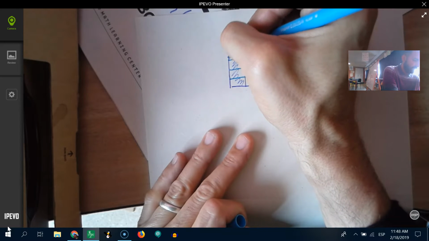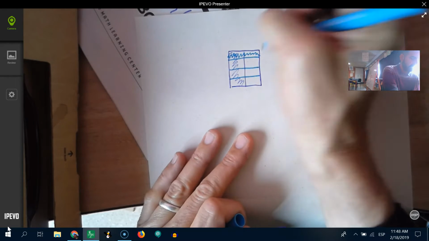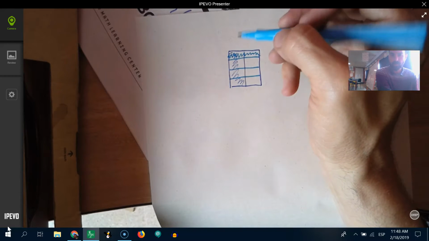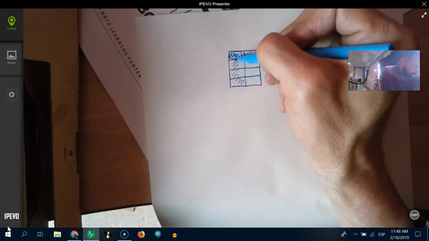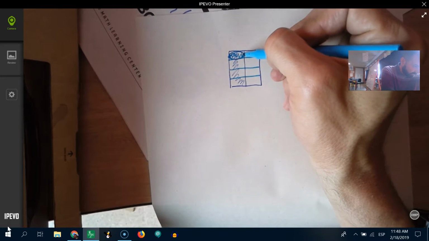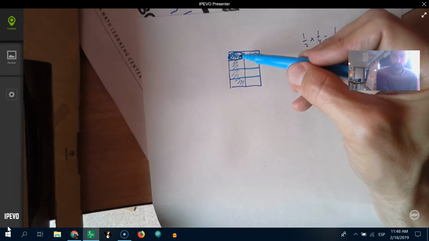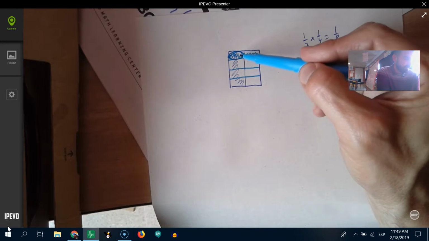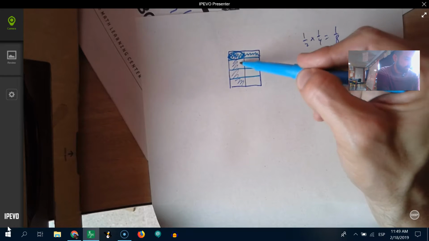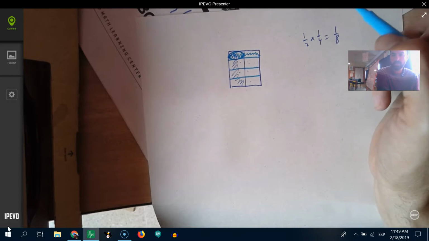And I want to look at 1/4. And so the area that we're looking at, this 1/4 of 1/2, is this part of my rectangle. And if I count and look to see what part of my rectangle that is, it is one of the 1, 2, 3, 4, 5, 6, 7, 8 pieces I've cut it into.